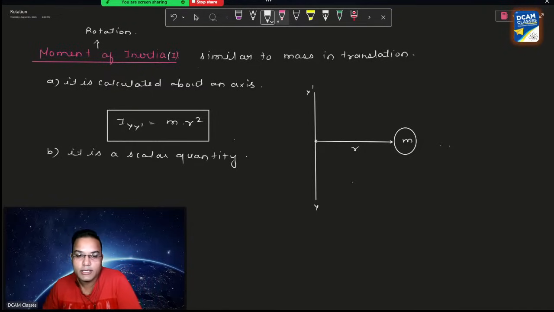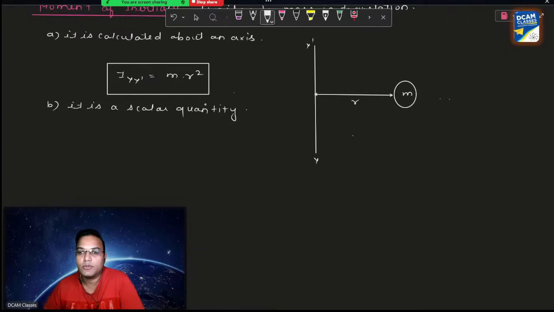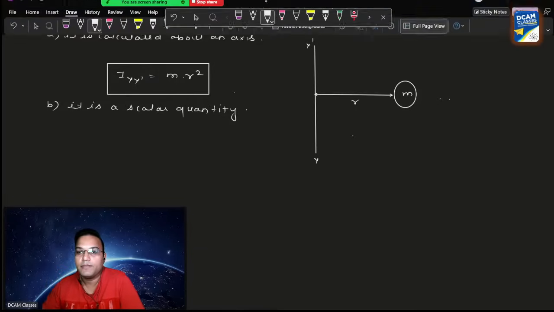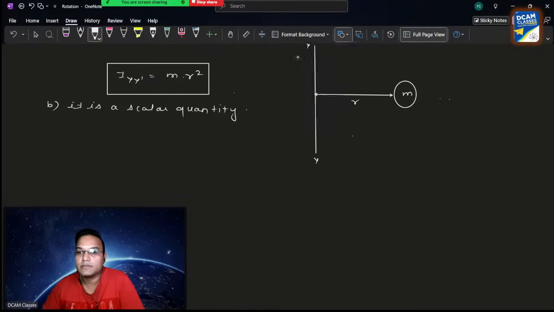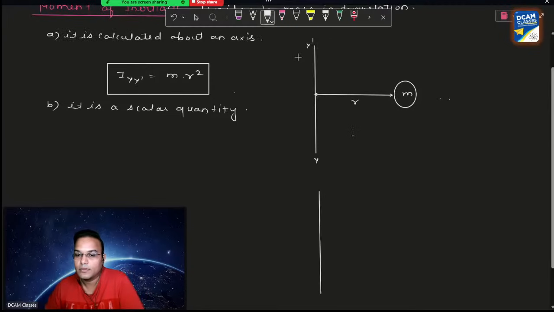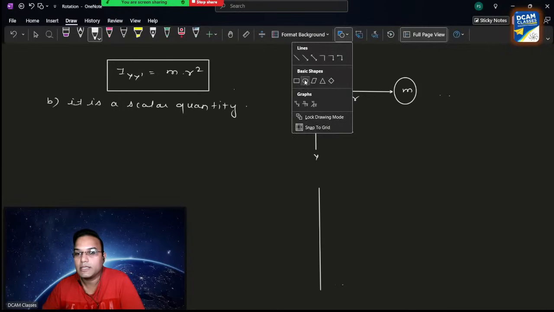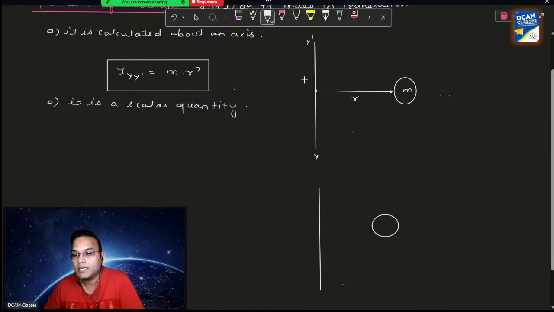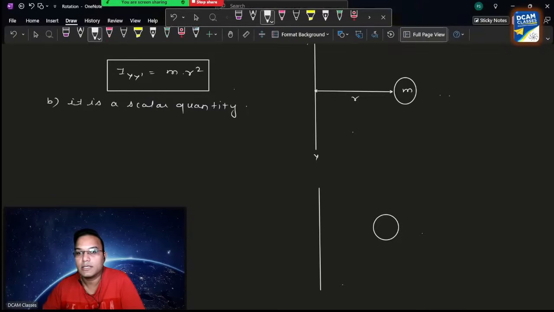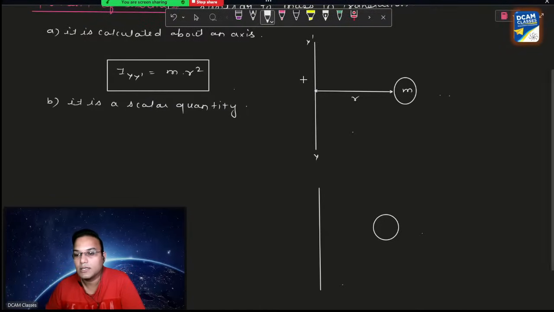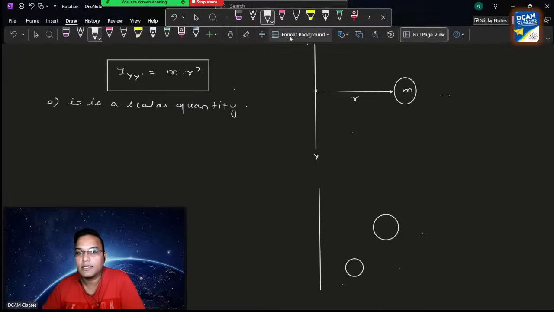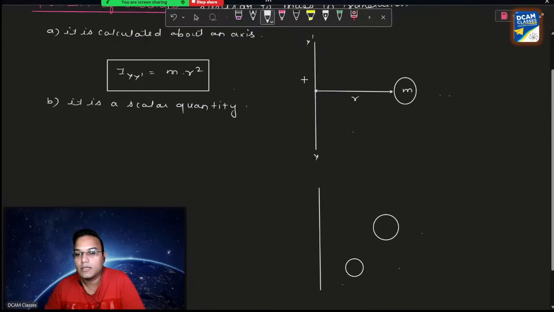So you need not worry about adding it vectorially, means you don't have to take the resultant. Now when you have multiple bodies, suppose in the next case I have taken the similar axis and given multiple masses. The masses are like this. This is one mass, this is another mass, another mass, and let's have one more mass on the left side.